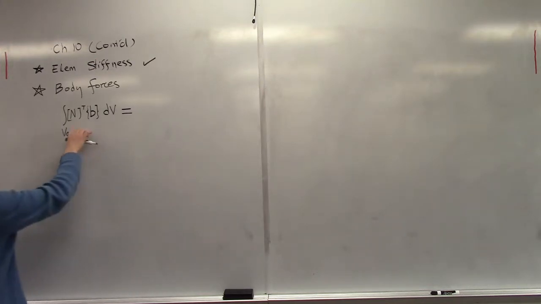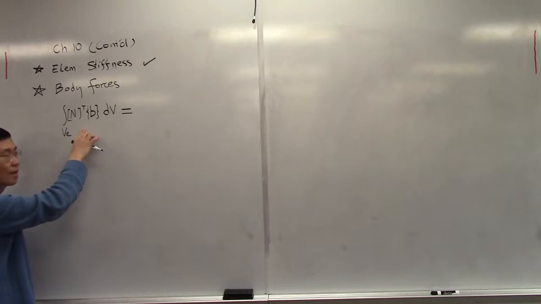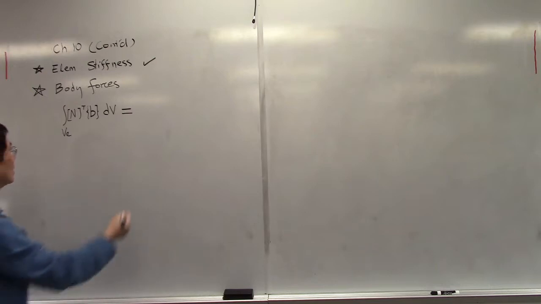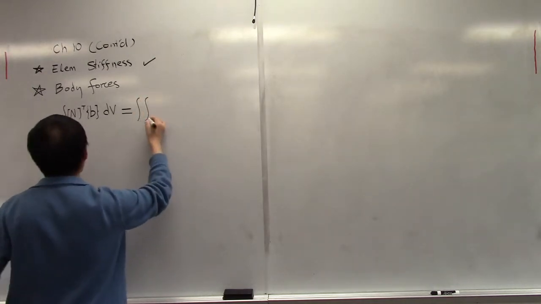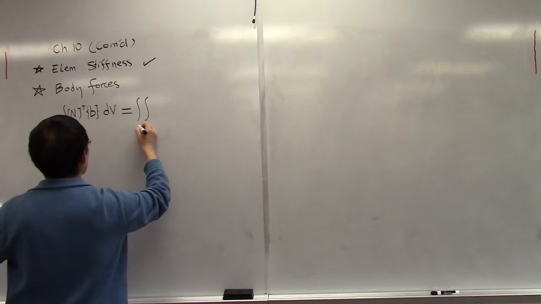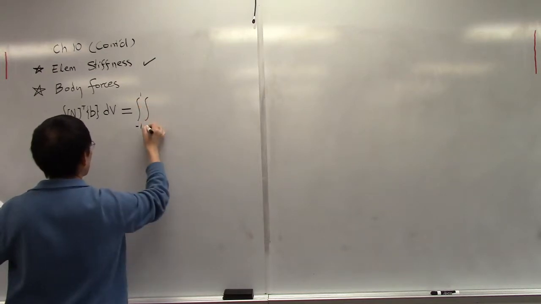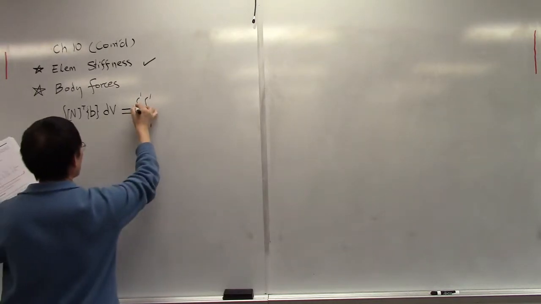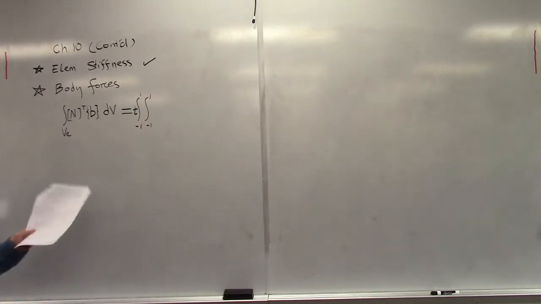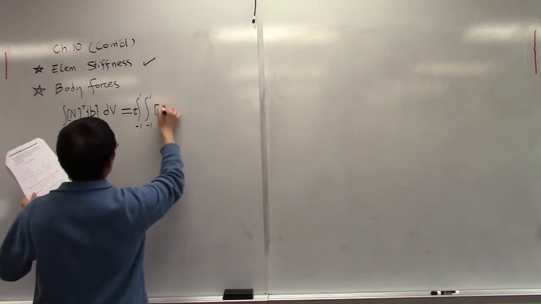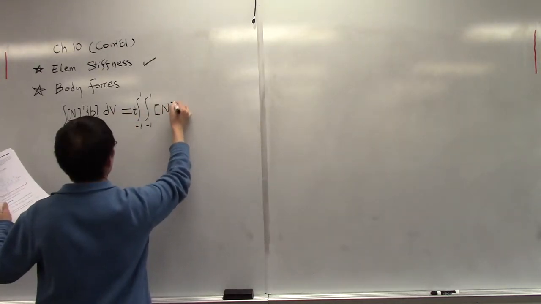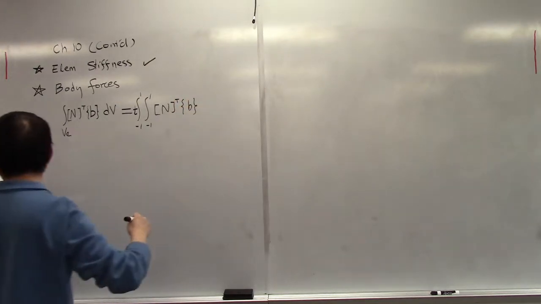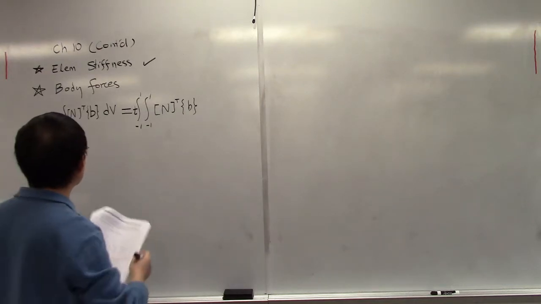All right, and this expression is in global coordinate. And as usual, we will turn into local natural coordinate. So the limit is from -1 to 1, -1 to 1. The thickness we assume is a constant, so it's t, we take that out. And this will be expressed as a function of the natural coordinate, and the body force is also in terms of natural coordinate.